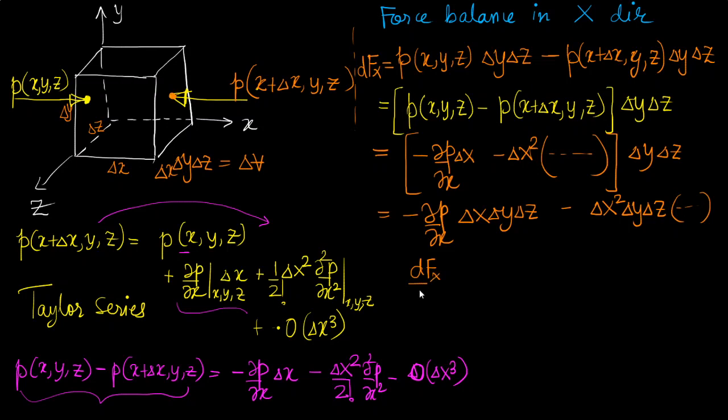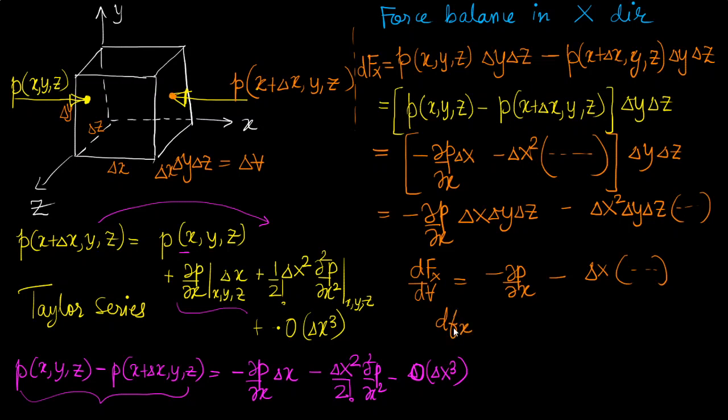So dFx divided by the volume will be minus del p del x minus delta x times everything else. Now dFx upon delta v is the force acting on this fluid element per unit volume of the fluid element, and we will call this force small fx.